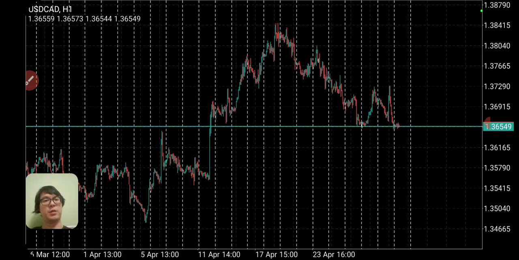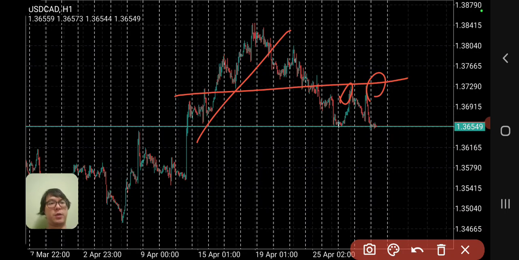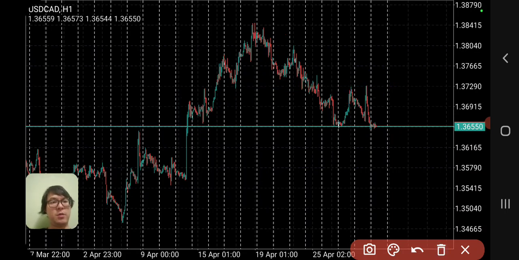As we see, uptrend broke, resistance, tested once, tested twice. We might have some downtrend right here. So good for short.